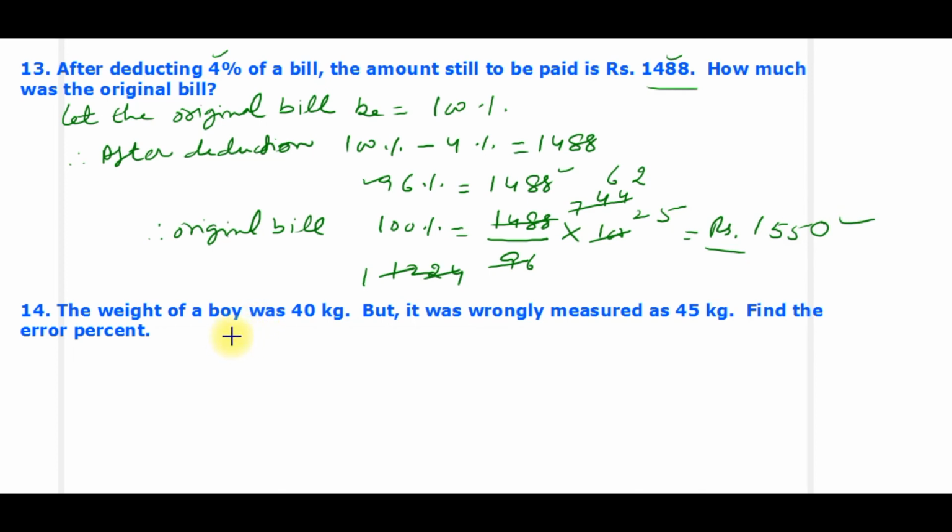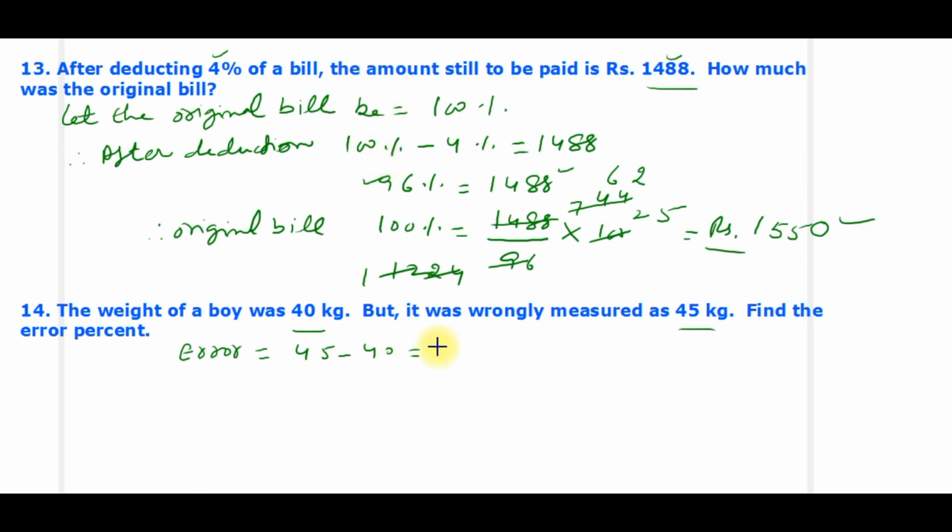Now the last question. The weight of a boy was 40 kg but it was wrongly measured as 45 kg. Find the error percent. We will first find the quantity of error. Error equals 45 minus 40, 5 kg.